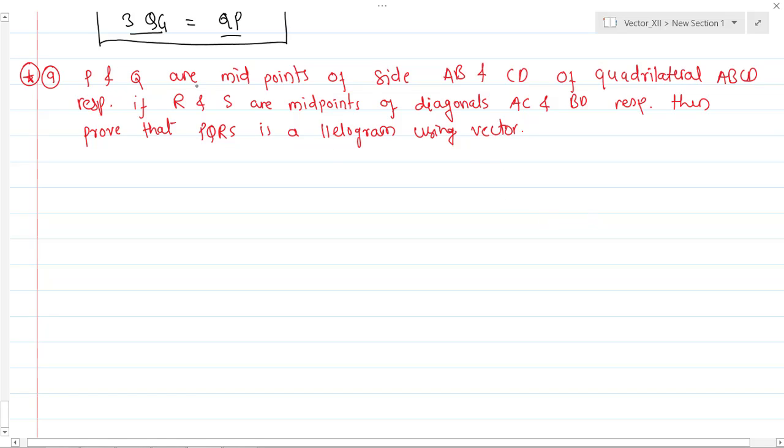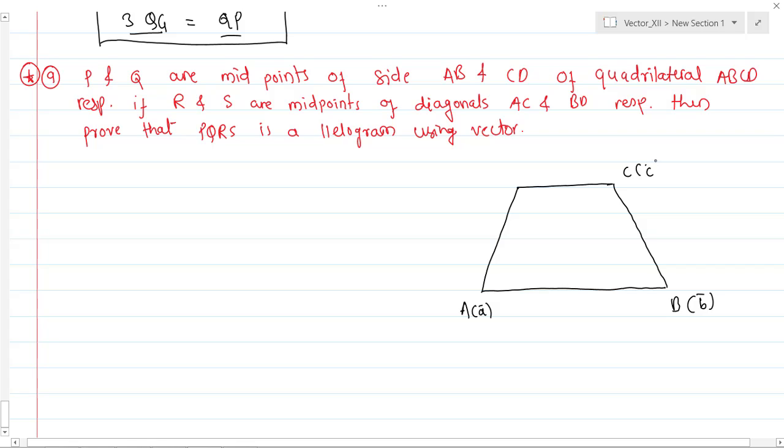What they are saying: P and Q are the midpoints of AB and CD of the quadrilateral. So first draw one quadrilateral here. That is the first quadrilateral. Let's name this: A with position vector A bar, B with B bar, C with C bar and D with D bar.